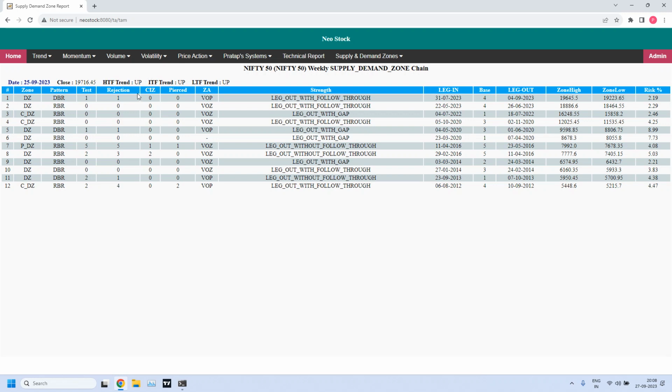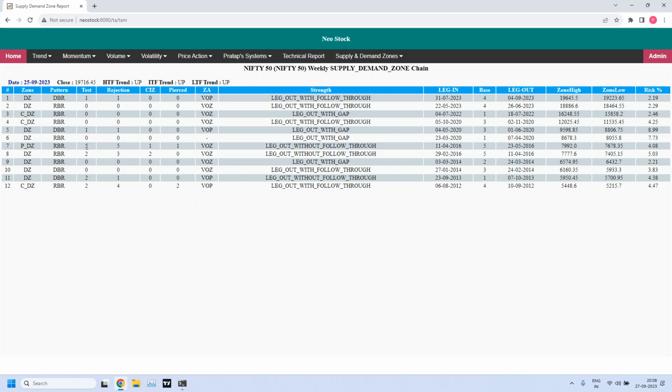We have already seen in the previous time frames that quarterly is uptrend, monthly is uptrend. Now weekly is also uptrend. So that means Nifty 50 is looking bullish at all the higher time frames like quarterly, monthly, weekly.